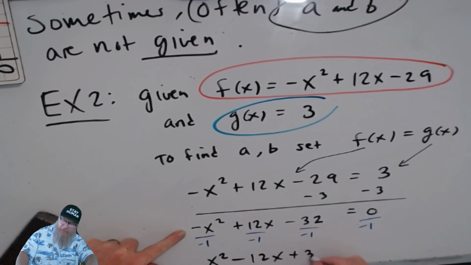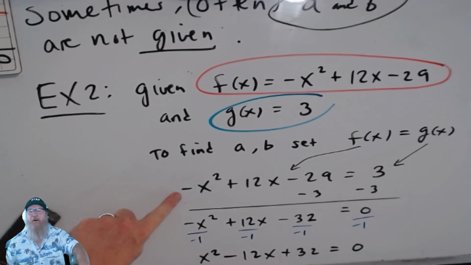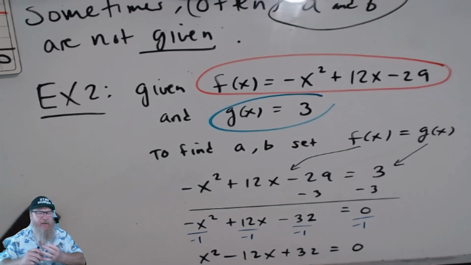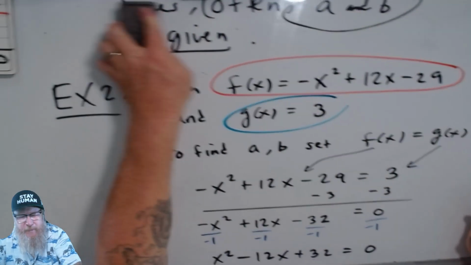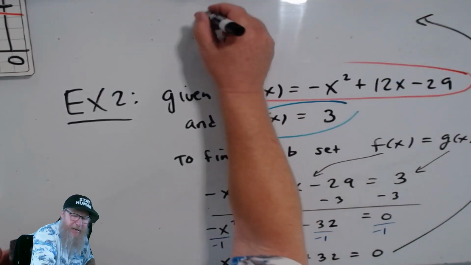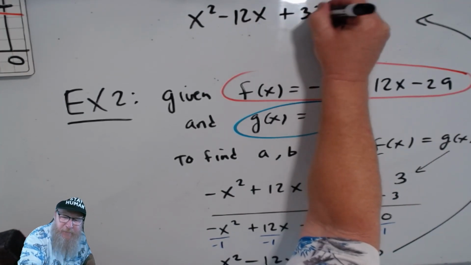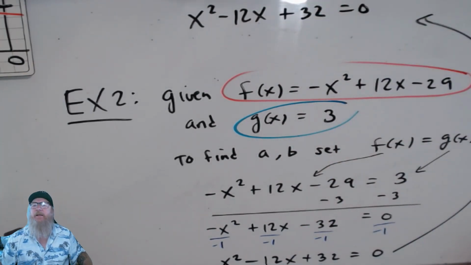If you took my algebra class, you remember me saying that quite a bit. You can solve it with a leading negative in front, but it's so much easier without it. And so now I've got x squared minus 12x plus 32 equals 0.